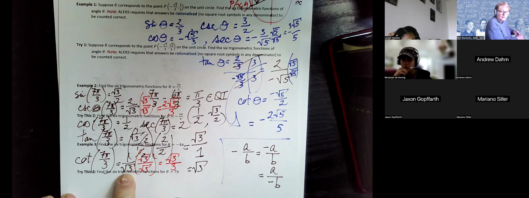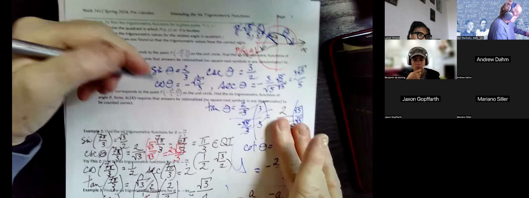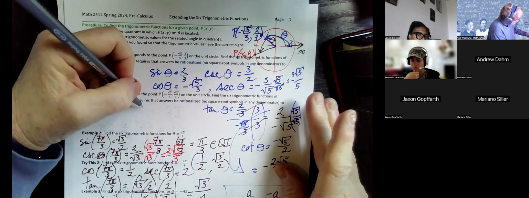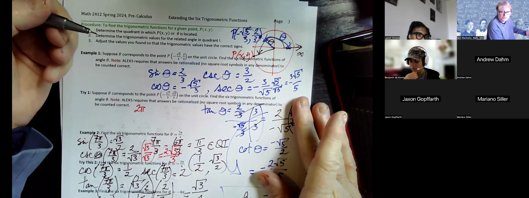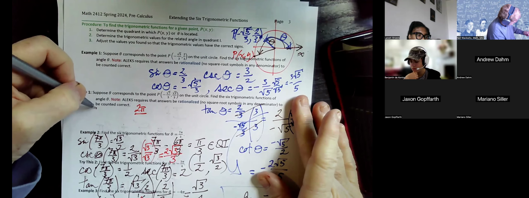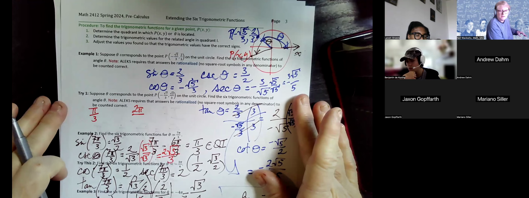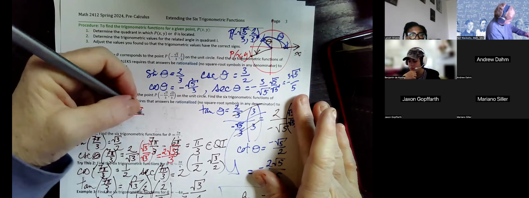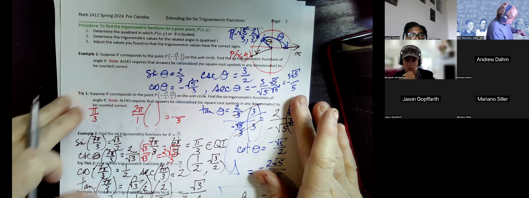I have a question. Where'd you get the 6 pi over 3? The 7 pi over 3 minus. Okay, that's a great question. So I can add or subtract 2 pi. But if I've got pi over 3 that I'm adding or subtracting with, I need 2 pi to have a denominator of 3.